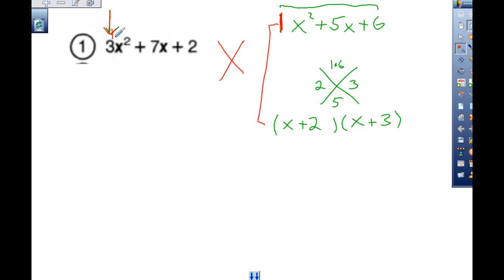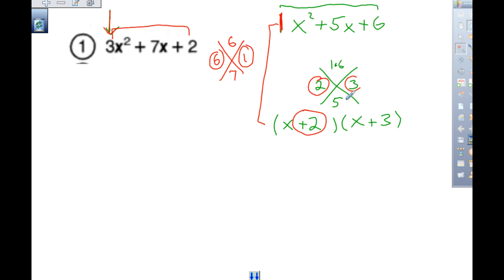Well, now we know, okay, multiply these two together, so that's 6. What multiplies to 6 and adds to 7? 6 and 1. Second thing you don't want to do. So over here, you just did this, right? You said, okay, I got a 2 there, I got a 3 here, and then I was done.